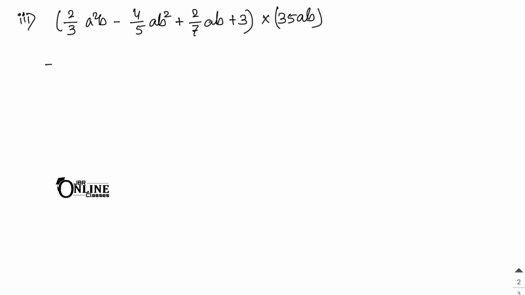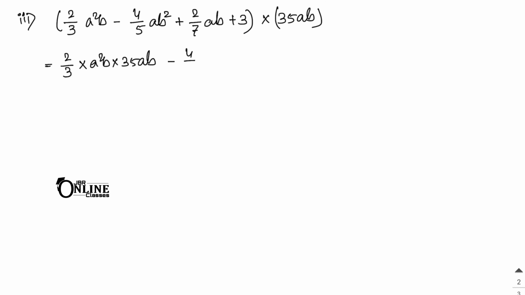Now next, number 3. 2 by 3 a square b minus 4 by 5 ab square, then here 2 by 7 ab plus 3, multiply with 35ab. So that means first you have to multiply 2 by 3 into a square b into 35ab.